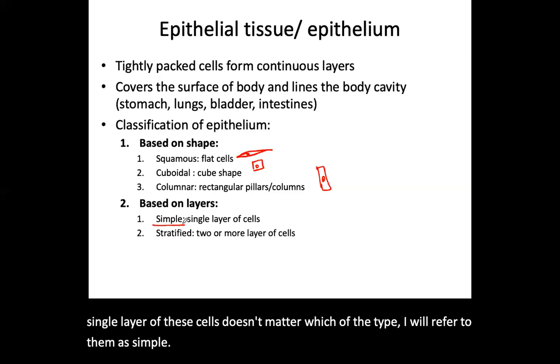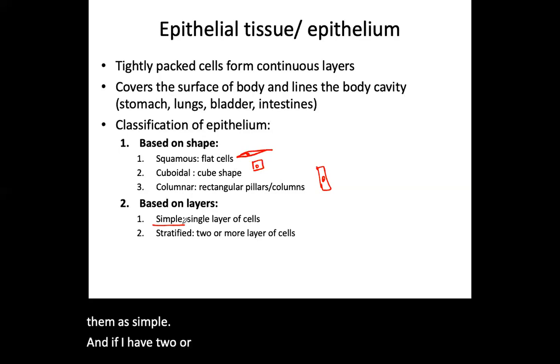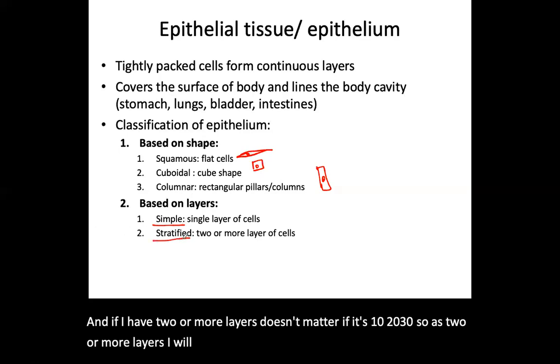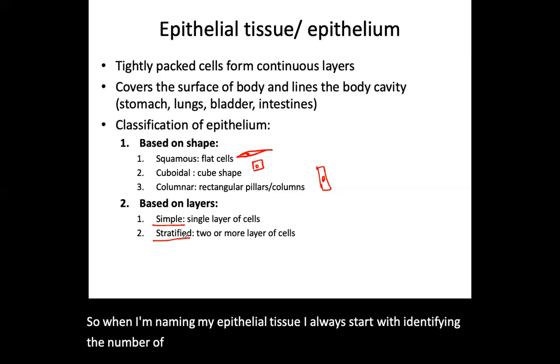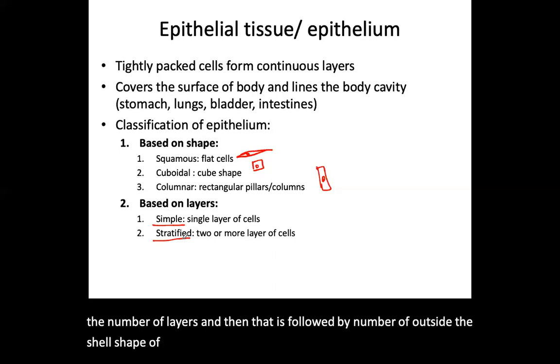And if I have two or more layers, doesn't matter if it's 10, 20, 30, as far as it's two or more layers, I will identify them as stratified. So when I'm naming my epithelial tissue, I always start with identifying the number of layers, and then that is followed by the cell shape of my cell.